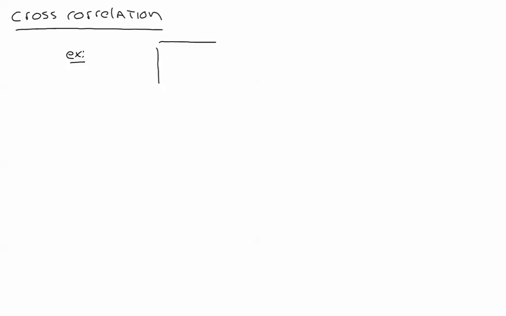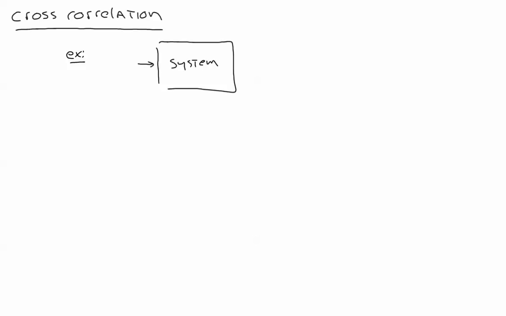So, cross-correlation. So, for example, maybe I'm interested in this. Maybe I've got some sort of system. Might be a linear system, might be a nonlinear system, who knows. Just some sort of electrical system.